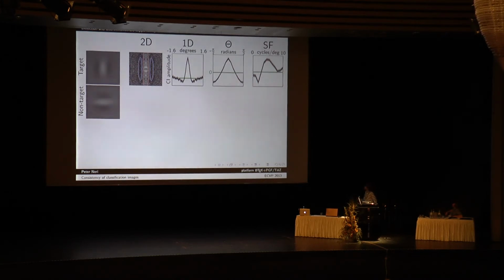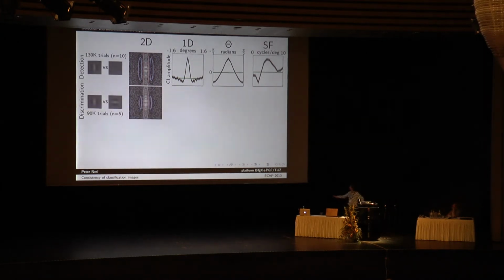I was also interested not only in whether we could generalize across noise types, but also whether we could generalize across tasks. So I had a subset of the 10 observers I tested do a discrimination task where they had to discriminate the same target, and now the non-target was a horizontal Gabor, just to check whether we get similar results.